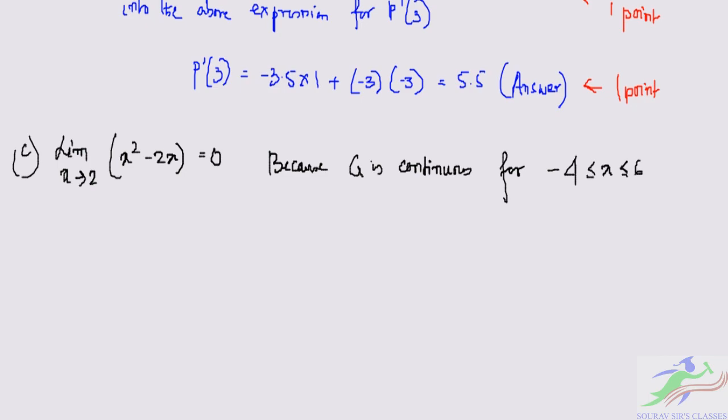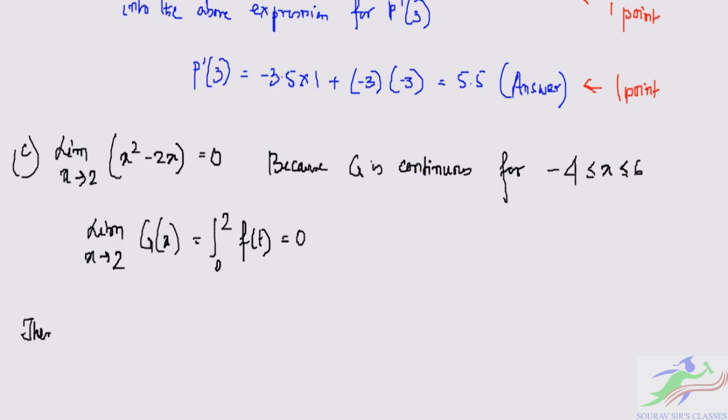So we have to use L'Hospital's rule. The limit as x tends to 2 of g(x) is equal to the integral from 0 to 2 of f(t) dt, which is equal to 0, since it is continuous.